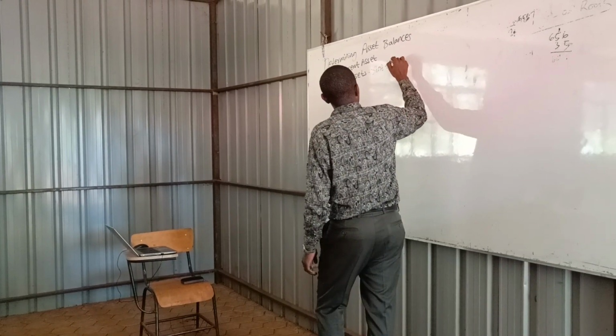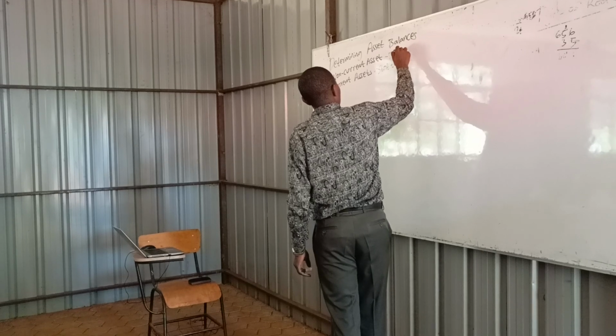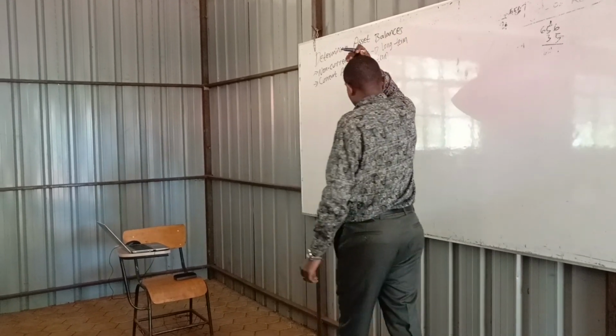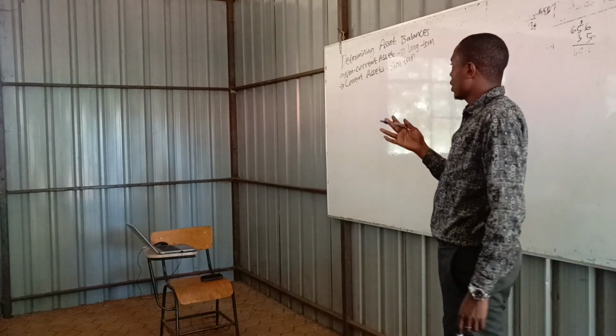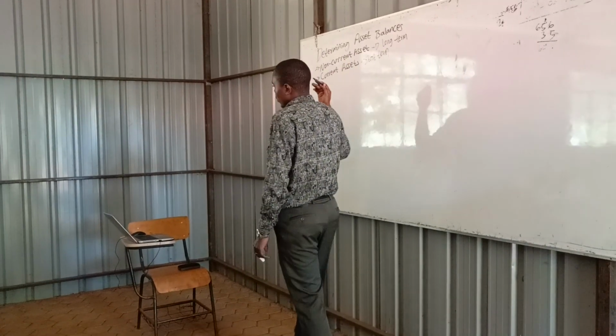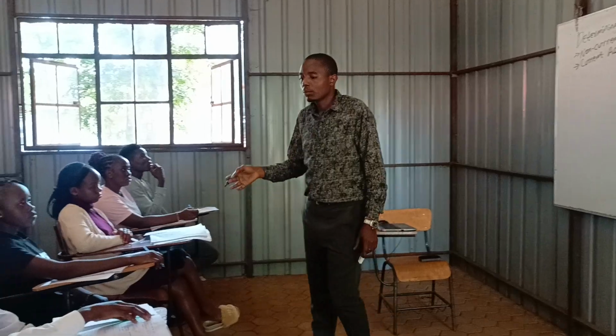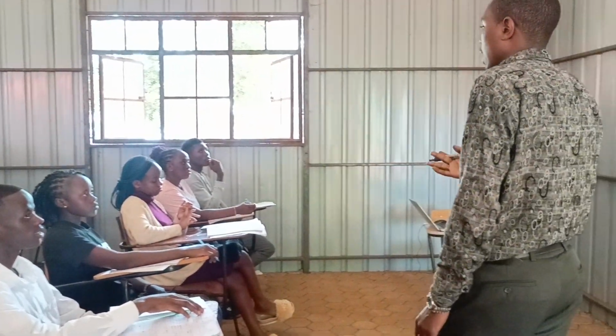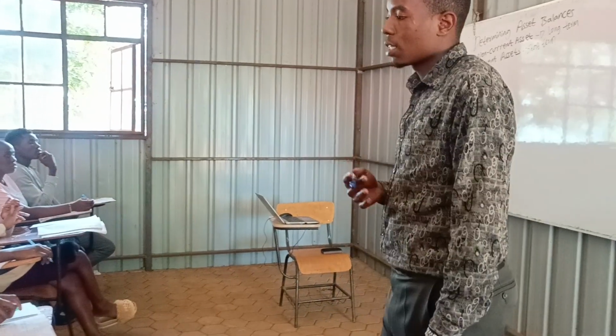And non-current assets, we have said some are the long term, can be used in the long term or even for a long period. Example, furniture, motor vehicle, we have even land, we have what else?